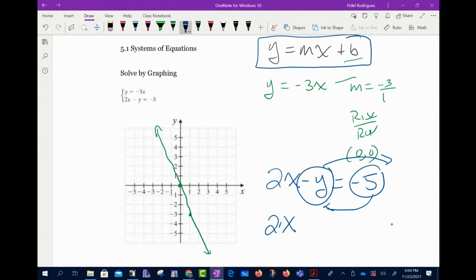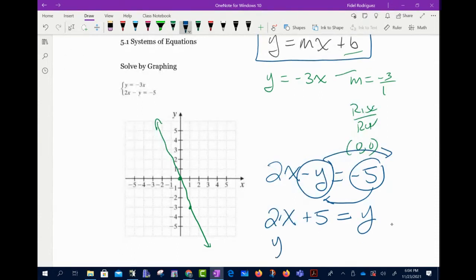Since I'm bringing the 5 over, and right now the 5 is negative, it's going to become positive. And since the y right now is negative, when I bring it over, it's going to become positive. So I can rewrite this as y equals 2x plus 5.